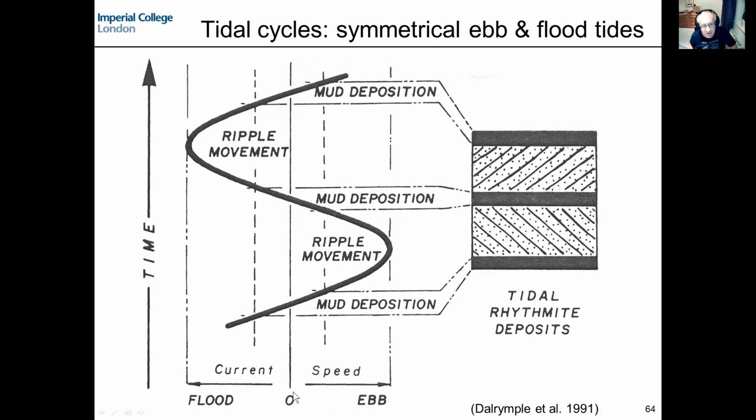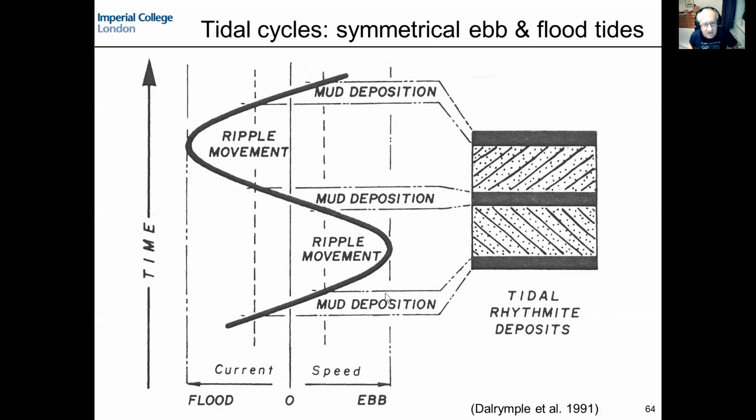So this line here is 0, no velocity. Towards the left, that's the flood tide, so that's an increasing velocity moving water onshore. If you move to the right of the 0 line, the velocity increases and the water is moving offshore, in a seaward direction.